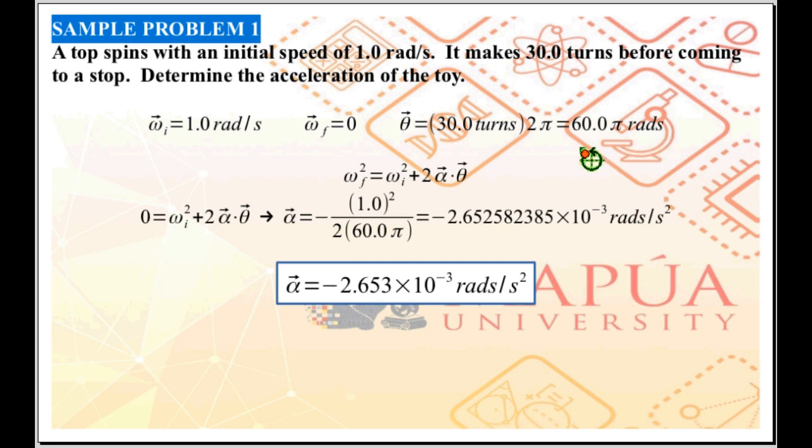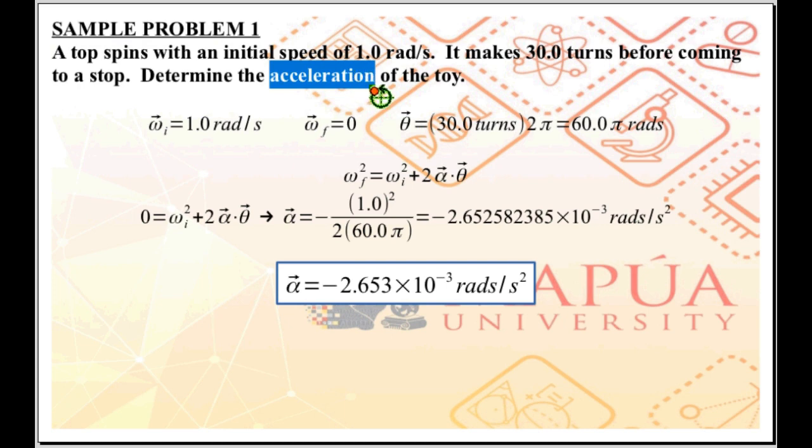Now, this problem is an example of uniform angular acceleration. There is acceleration. In fact, that's what the problem is asking for. Since the problem does not provide any equation describing the motion of the object, this is not a problem of non-uniform angular acceleration.